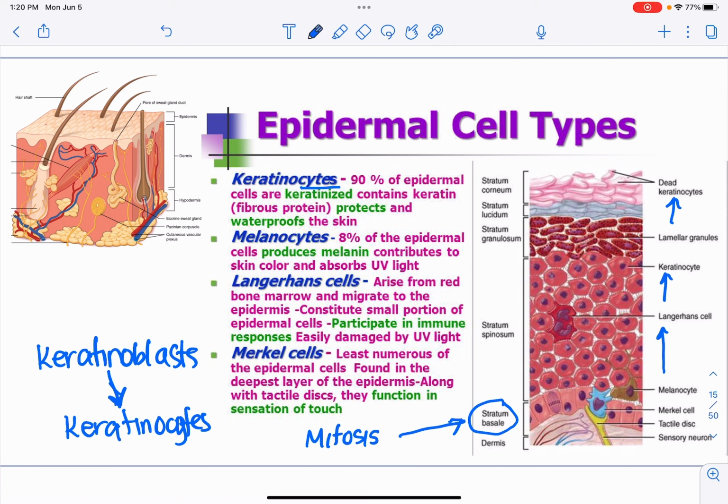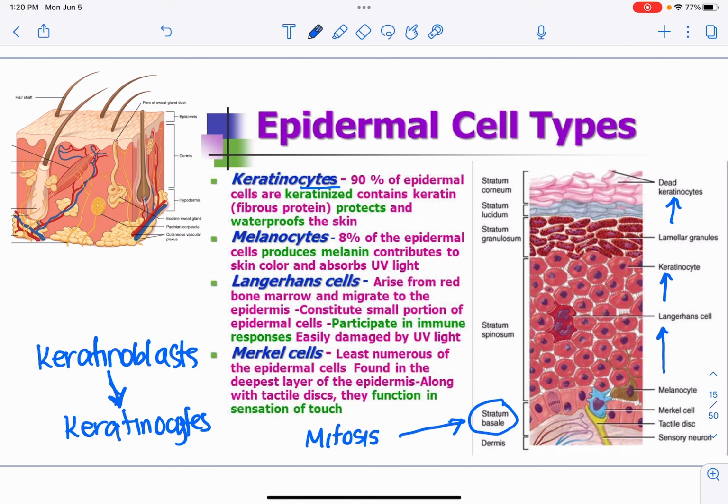There are a few important cells in the stratum basale, and I have all of this written out in the next few slides, so you don't have to worry about frantically trying to write this all down. They are coming, but I just wanted to show it to you in diagram format rather than reading it all to you.